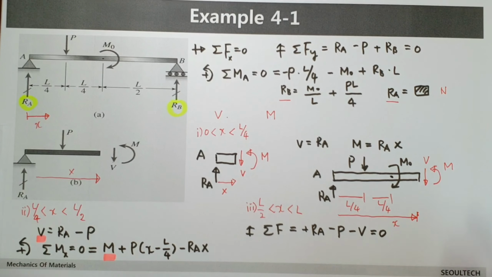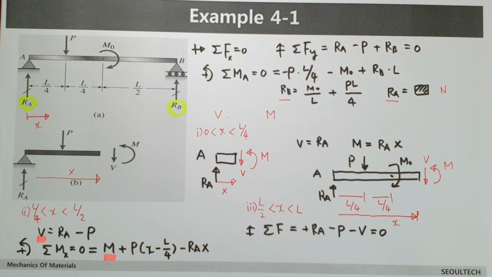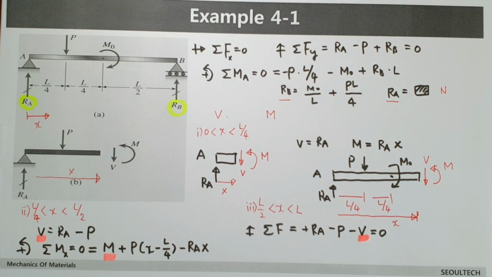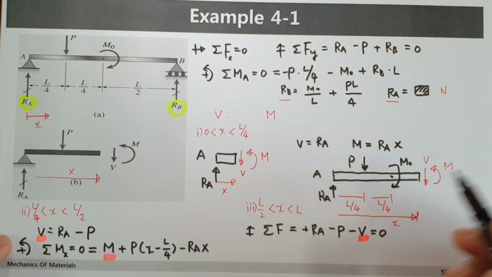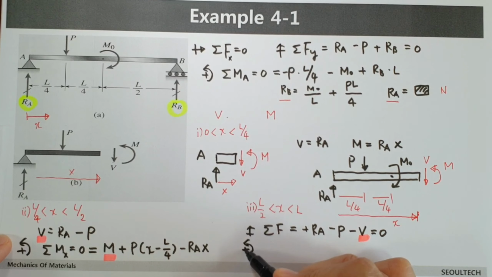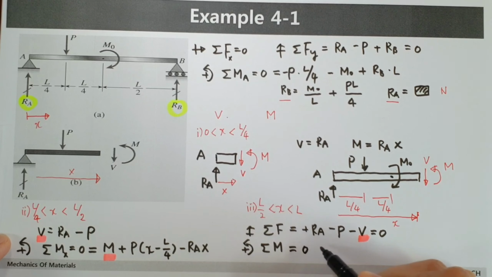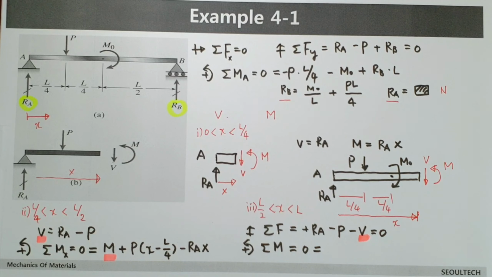Okay, then we can calculate the V value here. Next, when you think about moment, let's say this direction is positive, then the sum of moments equals 0, which is the state of equilibrium.